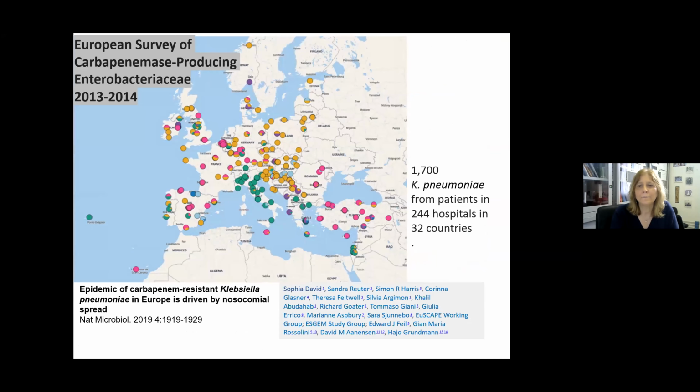In this study, there was an important surveillance study in which strains were conferred to ECDC. So we have a good picture of the situation in 2013-2014 in Europe, in which Klebsiella pneumoniae were collected by 32 countries, 244 hospitals, 1,700 strains.